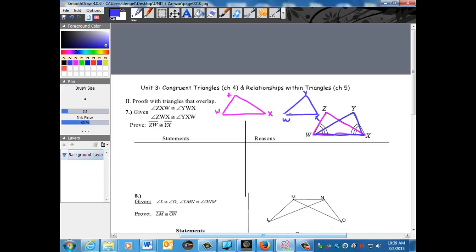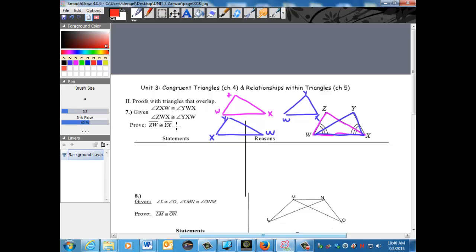So I'm going to redraw this shape, except this time it's going to match what I have up here. And so when I do that, where is everything going to be? Well, W will be on the right, X will be on the left, and Y will be on top. Alright, the reason why I did that is, to me, it helps me see it better.